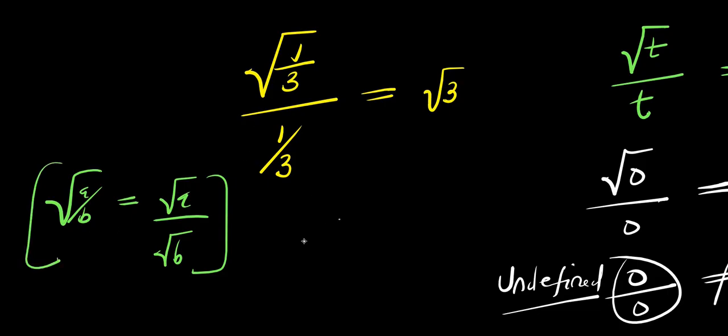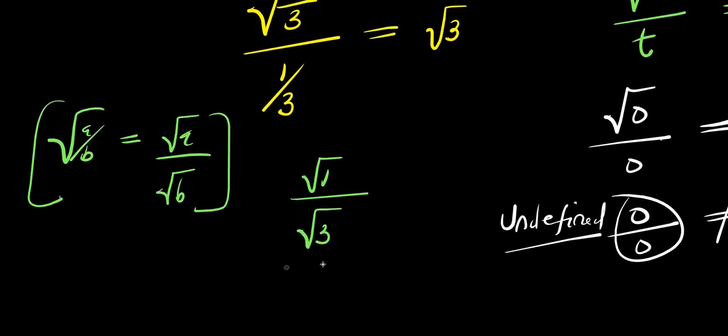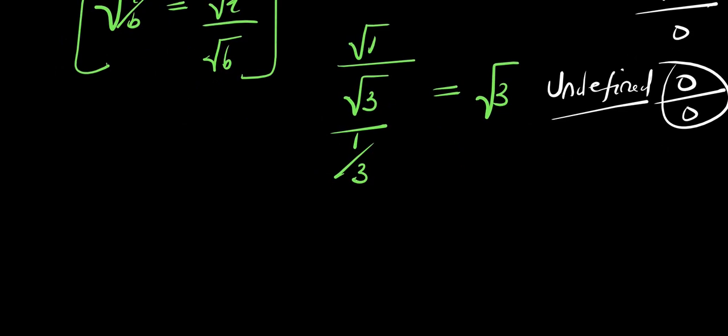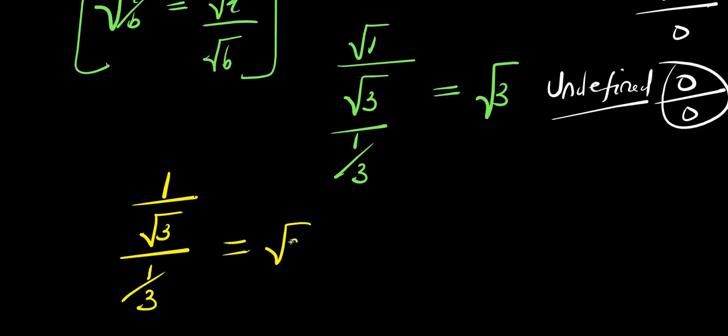So we are going to have square root of 1 divided by square root of 3, divided by 1 divided by 3, equals root 3. So square root of 1 is 1 divided by square root of 3 divided by 1 divided by 3. It equals square root of 3.